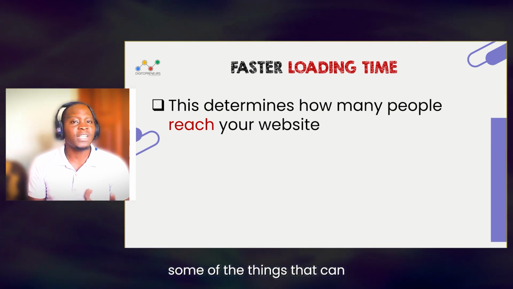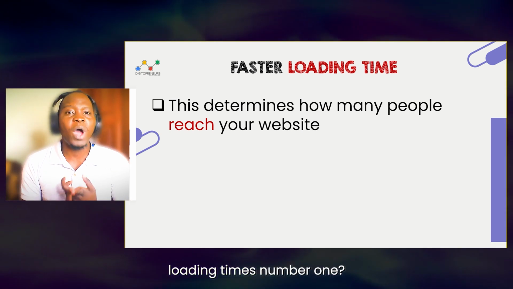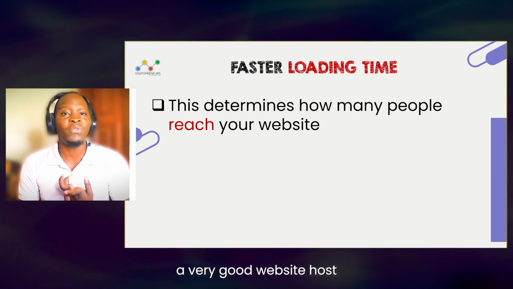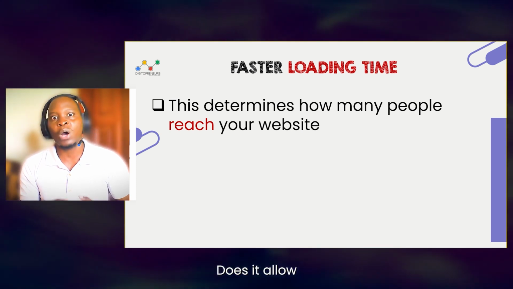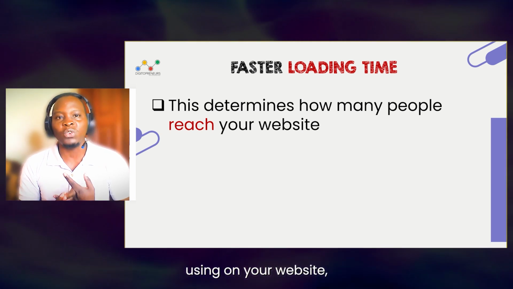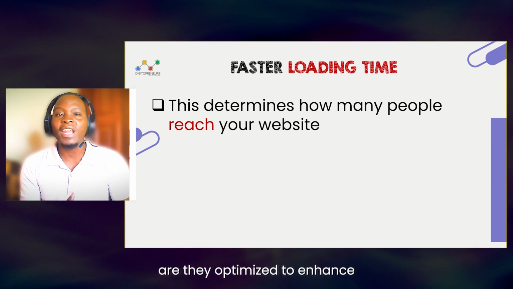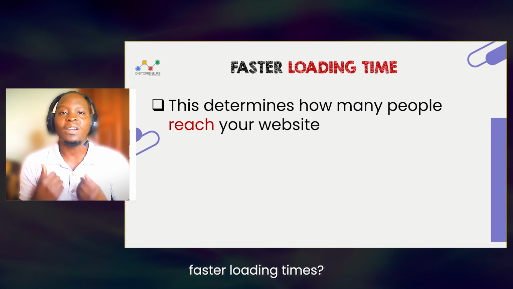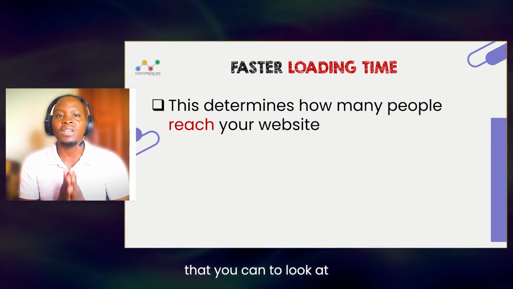Now, what are some of the things that can affect loading times? Number one, your website host. Are you using a very good website host, and does the package they are giving you allow your website to load much faster? The code that you're using on your website, the plugins, the images, are they optimized to enhance faster loading times?